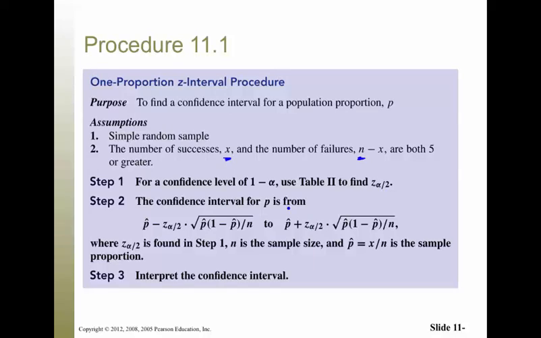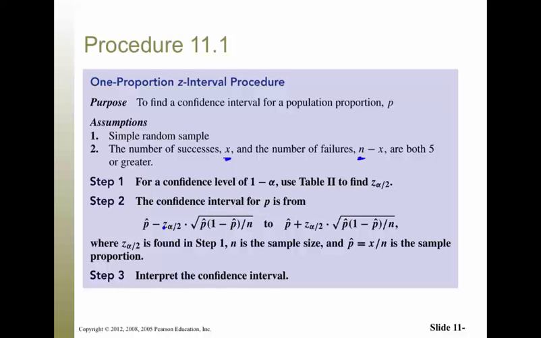But then everything else is the same. It's just that now we have a different way of calculating the standard deviation for the sampling distribution of proportion. But it's the same thing as before. Our sample proportion is going to be our point estimate for the population proportion, and then we're going to go plus or minus our z-value times the standard deviation.